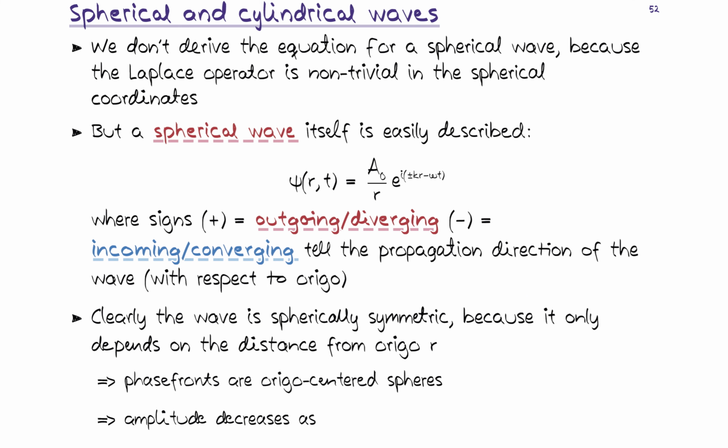The amplitude, as mentioned already, scales as 1 over r, and the intensity or irradiance of the field scales as 1 over r squared. That's where we get the usual 1 over r squared law, the power dependence.